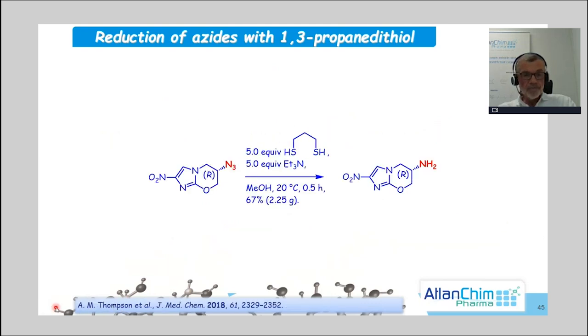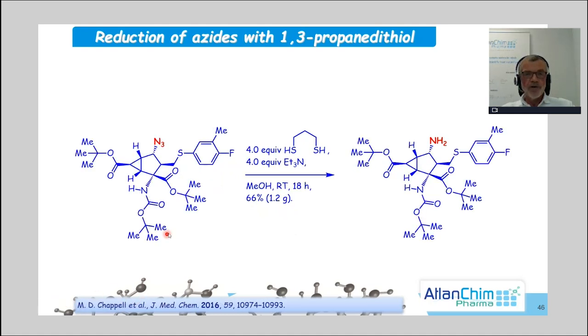For example, this aromatic chiral azide treated with an excess of 1,3-propanedithiol and triethylamine in methanol gave the corresponding amino derivative, sorry, gave this compound with a 67% yield on 2-gram scale.